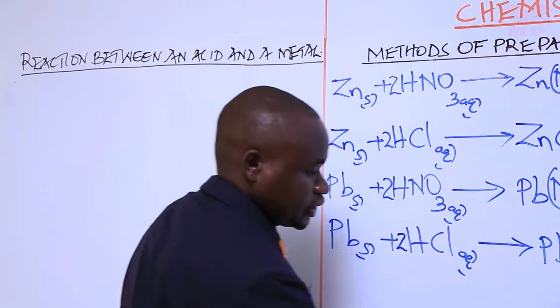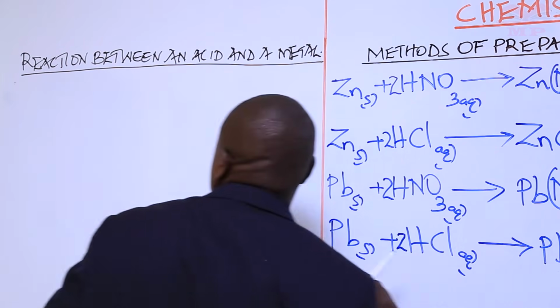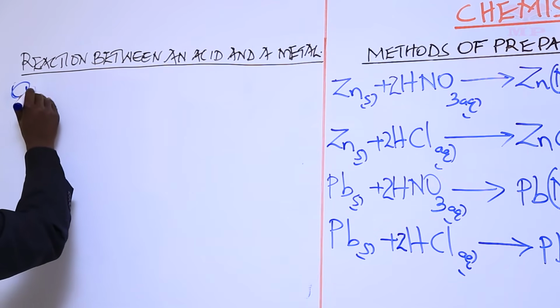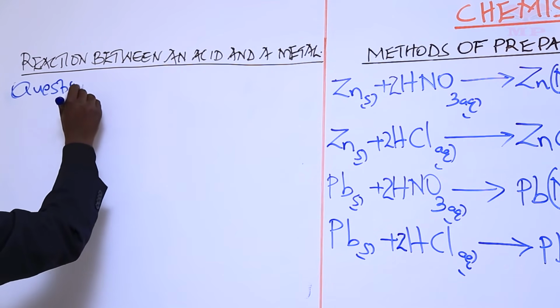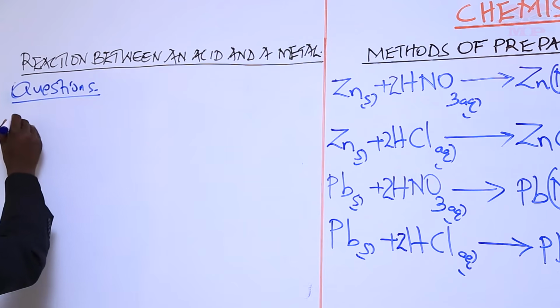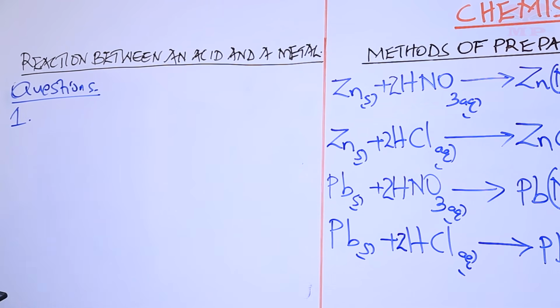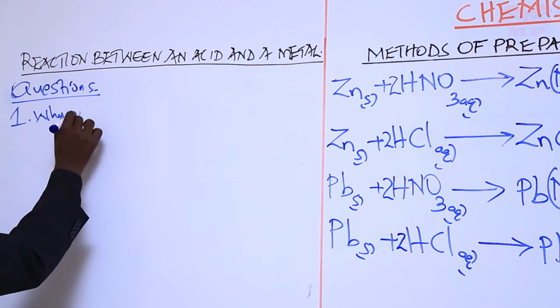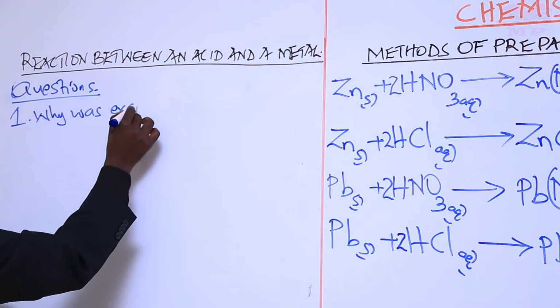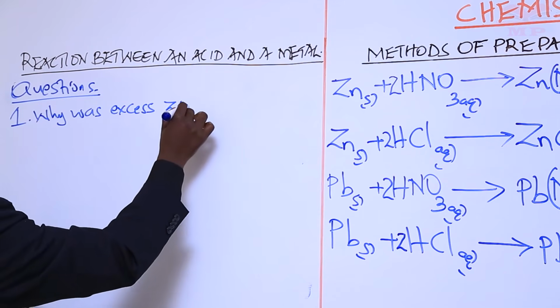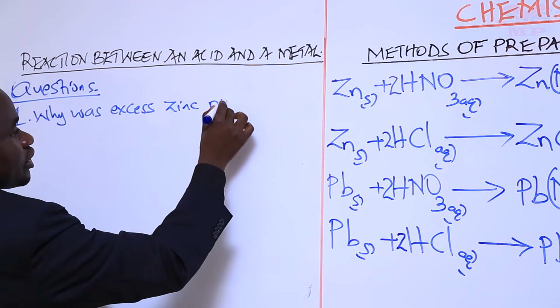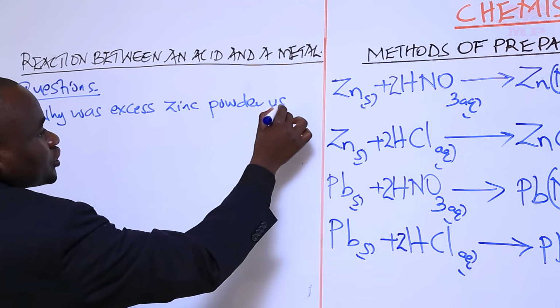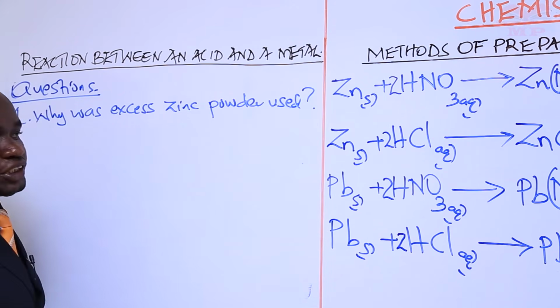So these are the questions which I want you to look at. Our first question is as follows. Why was excess zinc powder used? Why did we use excess zinc powder?